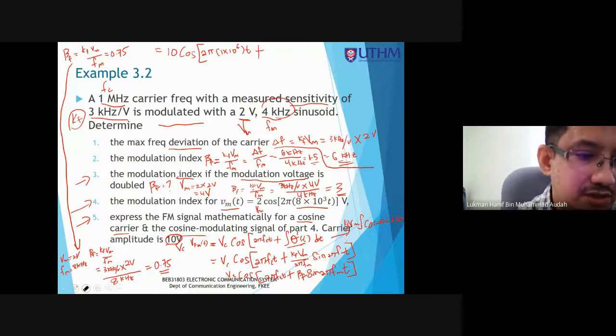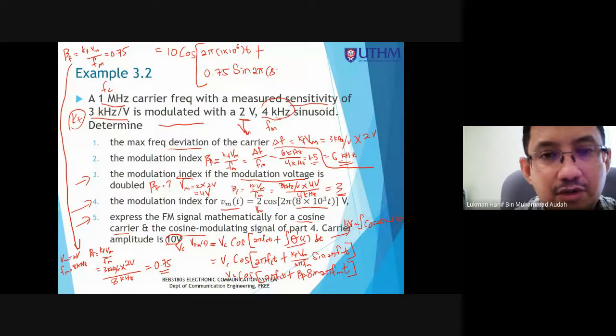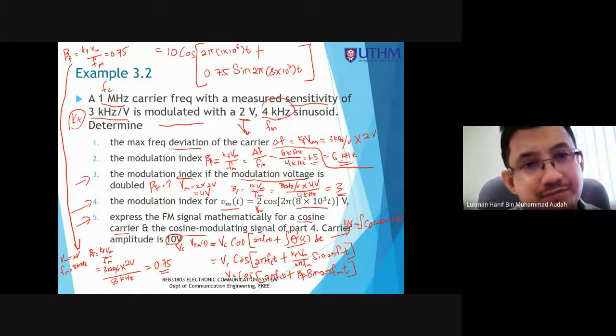Saya buat di bawah lah senang. Eraser, I put. Sorry. Sekejap. Saya buat seperti ini. Okay. So saya buat di bawah sini supaya kamu semua nampak. So 0.75 sine 2 pi 8 kHz for the Fm frequency, and then close big bracket. Inilah dia equationnya.